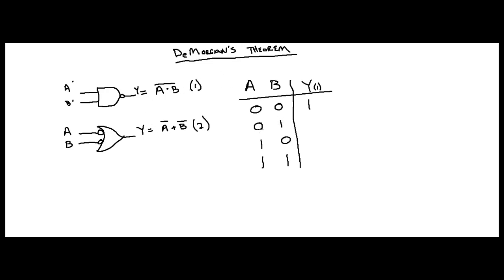If we have a 0, 1 or 1, 0, it's not going to make a difference, is it? That's going to be a 1, and that's going to be a 1. But if we have a 1, 1 coming in, that means with this inverter bubble, that's going to be a 0, right? So that's your truth table for your number 1 gate, all right?